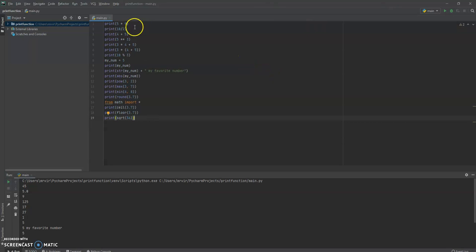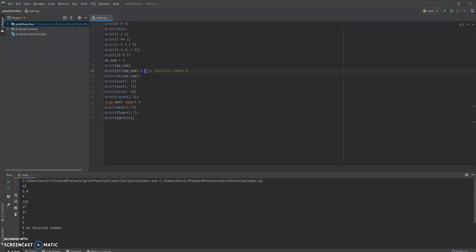So let me just get started. This is the same thing as a print function, except I'm not printing words.